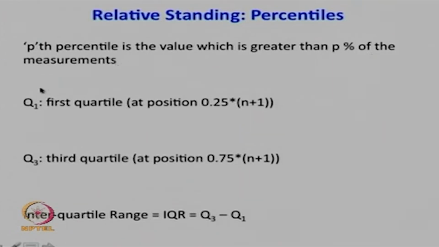Based on that, you can have the first quartile, which is at position 25%, defined as the value positioned at 0.25 times n+1. Accordingly, the third quartile is defined at position 0.75 times n+1, and you can calculate the interquartile range, which is nothing but the difference between Q3 and Q1.